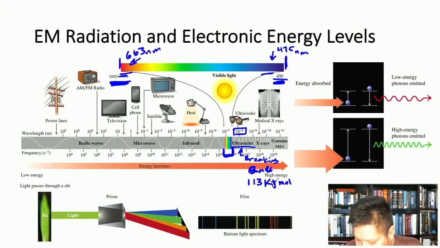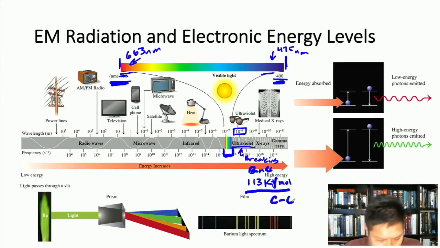So if you ever wondered why getting too much sun gives you skin cancer, it's because this 113 kilojoules per mole right here is the approximate energy of a carbon-carbon single bond, right? A carbon-carbon bond. And it turns out that a lot of your DNA is made up of carbon-carbon bonds.